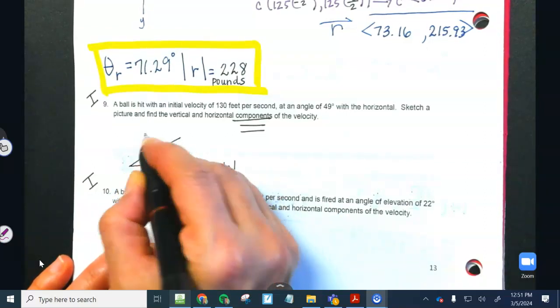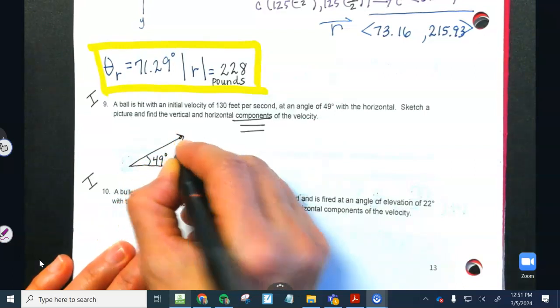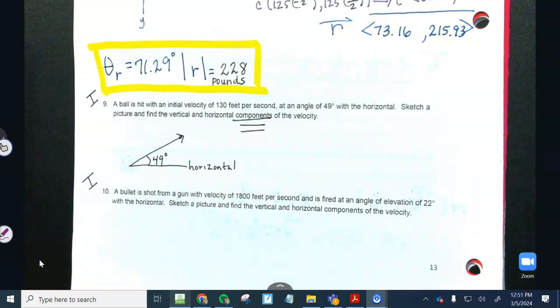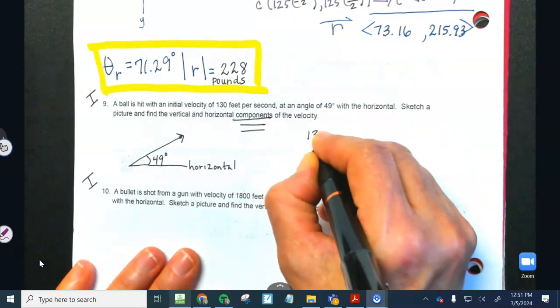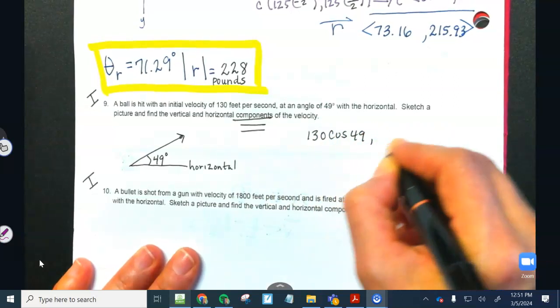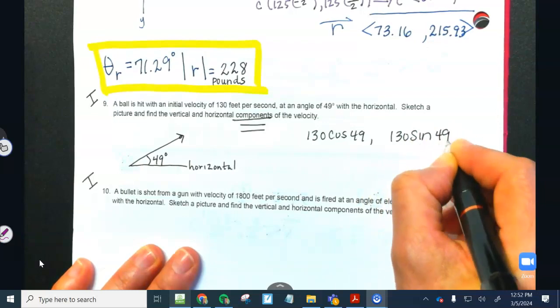Somebody hit a ball and it ends up going like that, and it makes an angle of 49 degrees. Now remember, that's not on the unit circle, so make the calculator do all the work. You're going to type in 130 cosine 49, and then 130 sine 49, and that's going to be the answer.